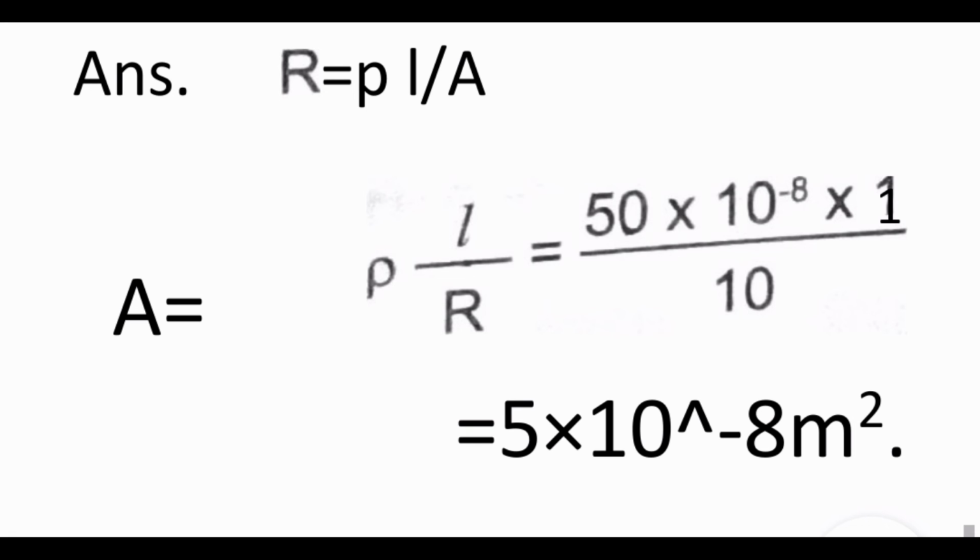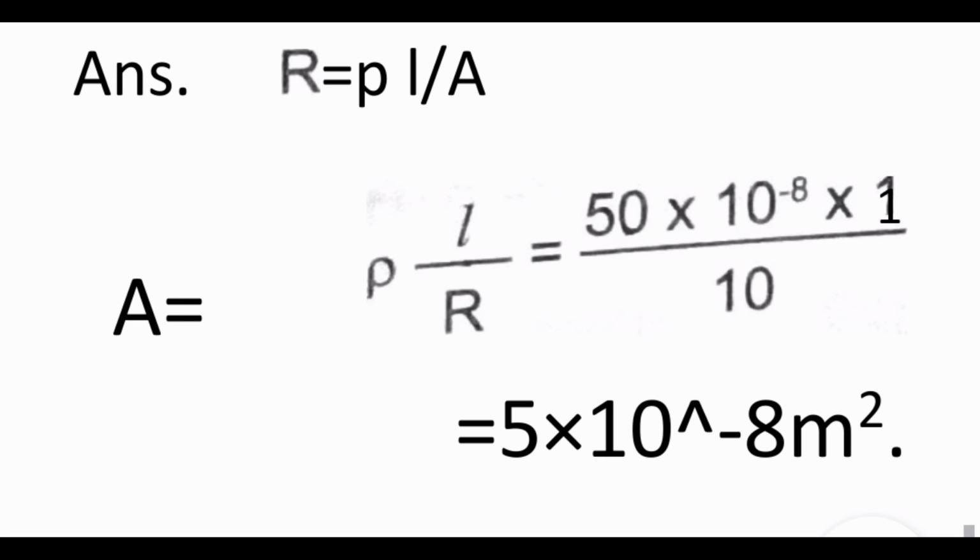Right, so is there any equation connecting all these quantities? That is resistance, resistivity, then length, area of cross section. Yes, we have R is equal to rho into L by A. Here R is the resistance, rho is resistivity, L is the length, then A is the area of cross section. Right, so can we find A from this?